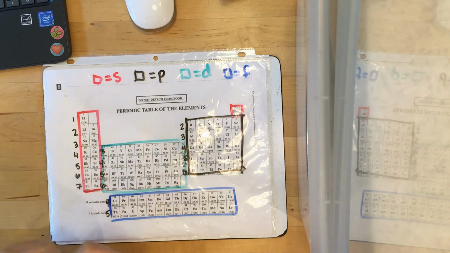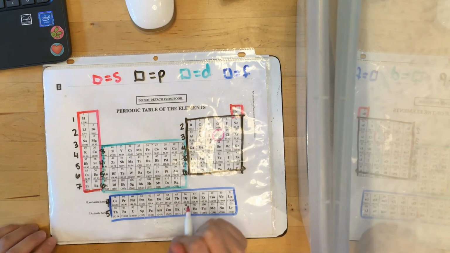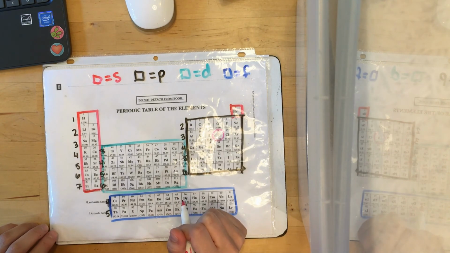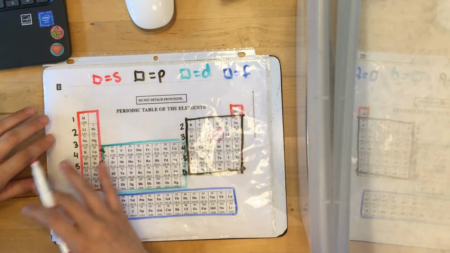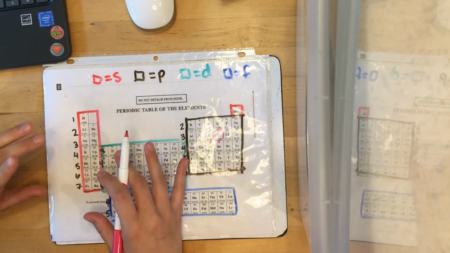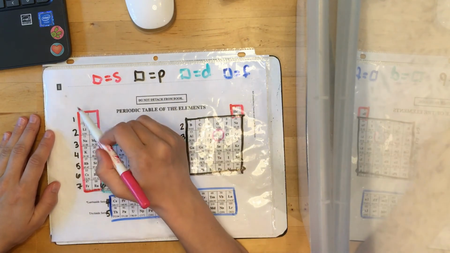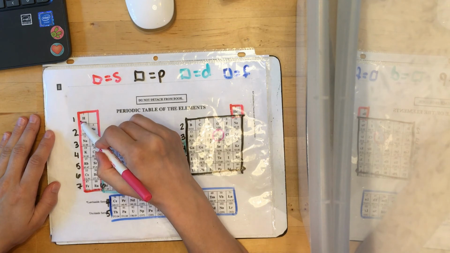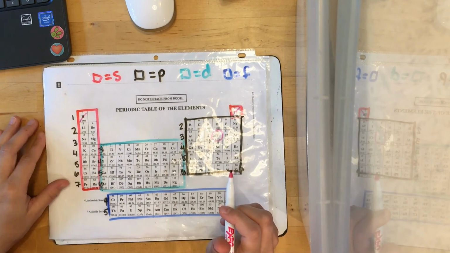So for example, the first one we're trying to find is sulfur. We start at hydrogen and work our way across left to right, top to bottom, until we reach sulfur. We're starting in the 1s section, and we cross 2 boxes.